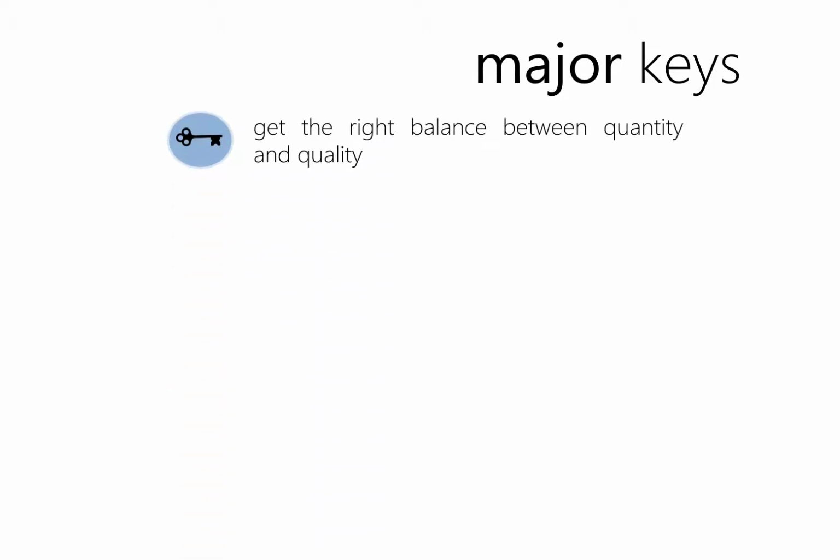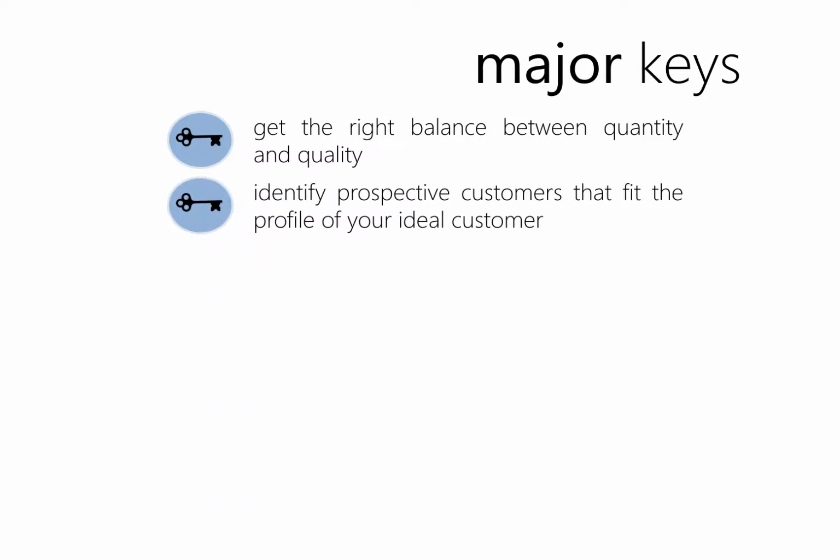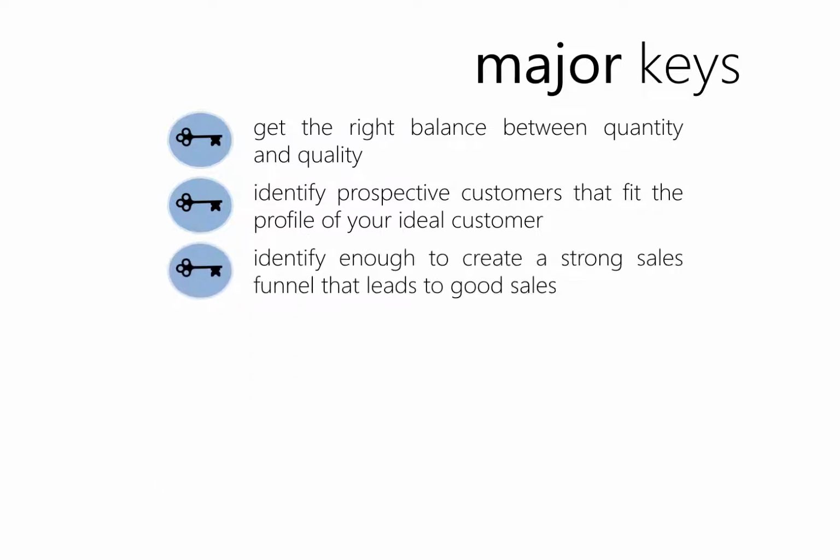The key to effective prospecting and lead generation is getting the right balance between quantity and quality. Identifying prospective customers that fit the profile of your ideal customer and so are more likely to buy from you, and identifying enough of them that it makes sense and creates a strong sales funnel that leads to good sales.